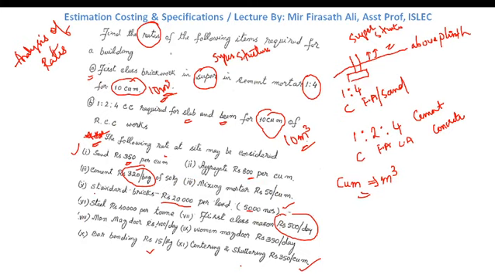First class mason is 500 rupees per day, whereas mazdoor is 400 rupees per day.